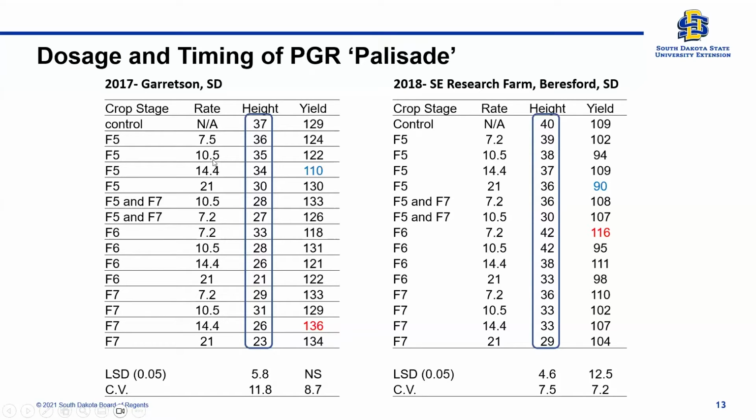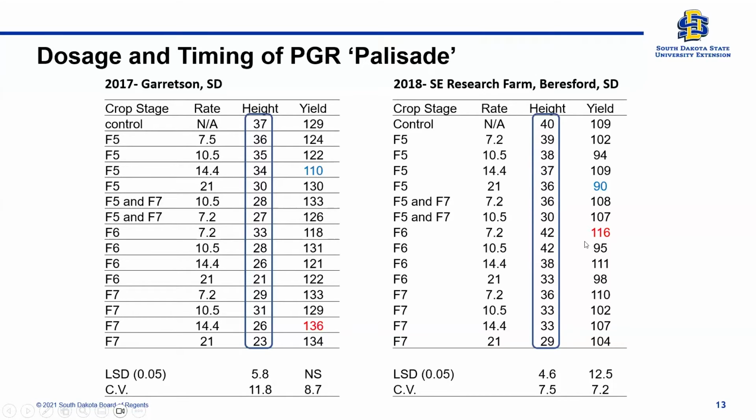When you apply the same amount at Feekes 5, the earliest growth stage we applied, it's about 110 bushels. I don't know if it's due to the application of the PGR itself, because there was no lodging in both years. And there are a bunch of different numbers in between 110 and 136, which you can see here.